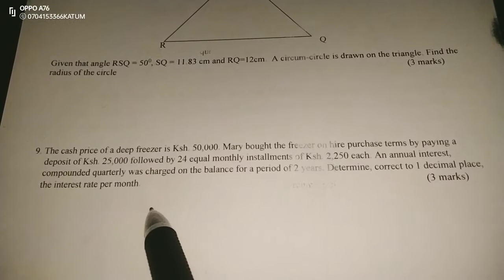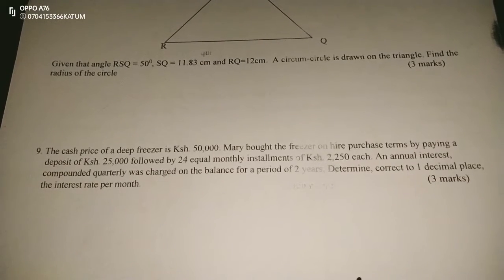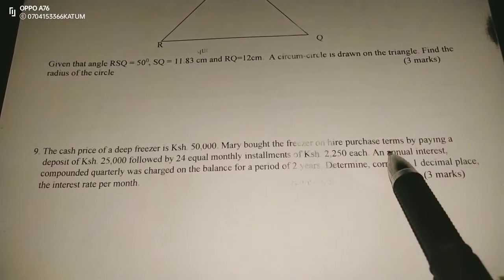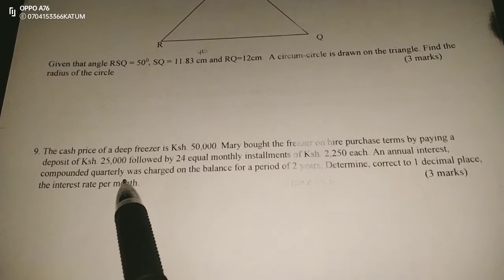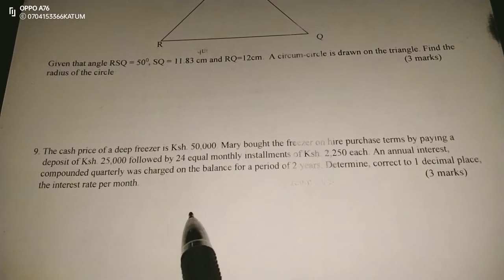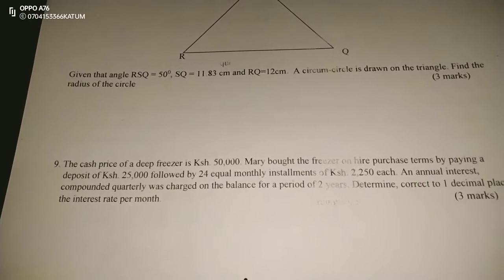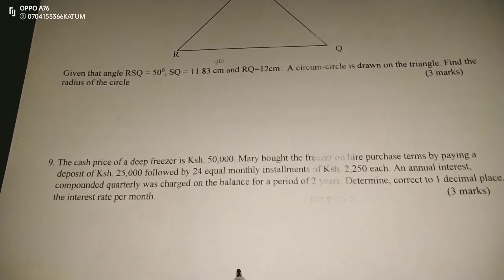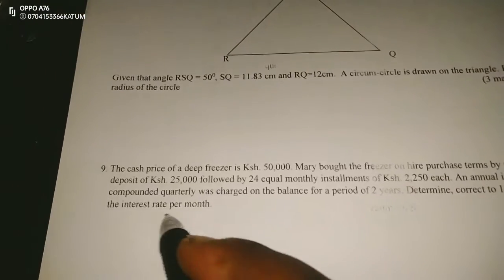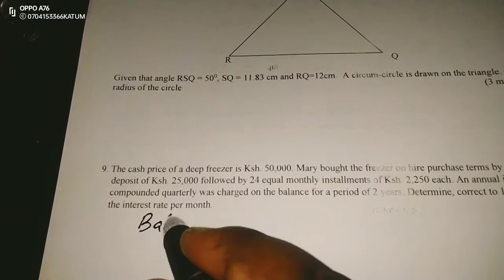Very special instructions like per month in this case. Very special instructions like an annual interest compounded quarterly was charged. So what we should know is that if the cash price of the deep freezer is 50,000 and a deposit of 25,000 is being made, we can first get what we call the balance.